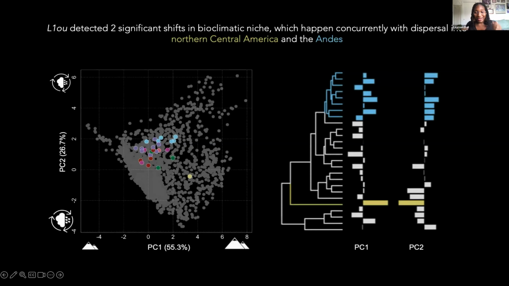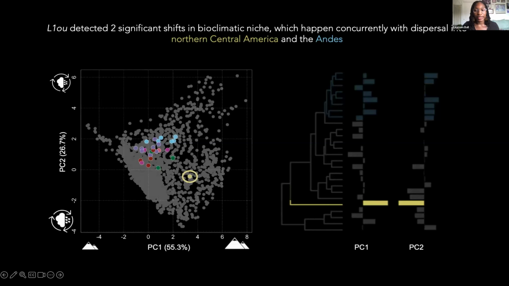We also performed an L1OU analysis, which uses Ornstein-Uhlenbeck models to detect evolutionary shifts. Using those first 2 PCA axes as our measure of bioclimatic niche, L1OU detected 2 significant niche shifts.